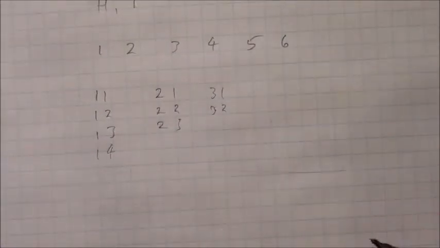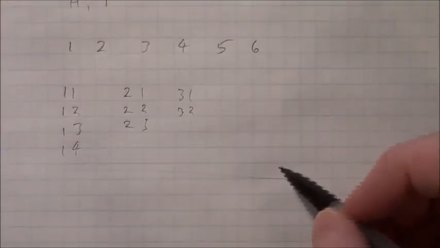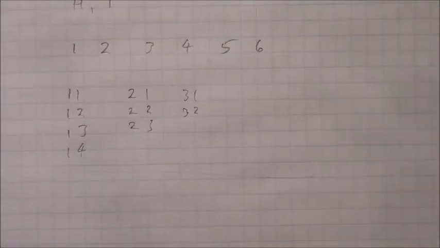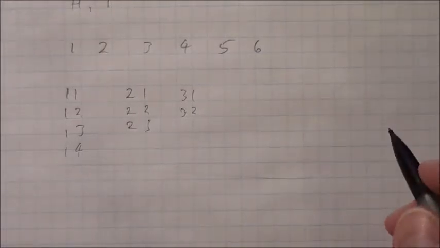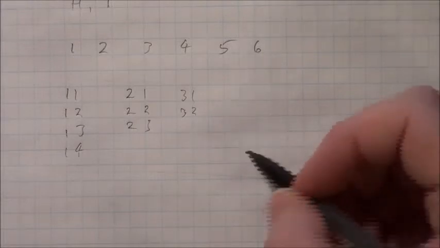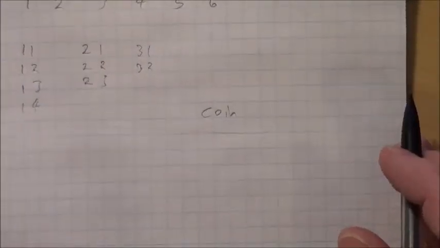Then we look at two-dimensional grids, where we're comparing only 2 trials or 2 comparisons being made. Suppose we're flipping a coin and rolling a die.